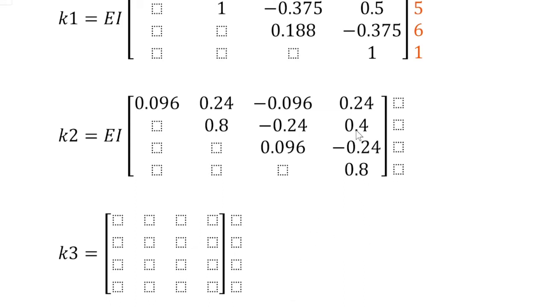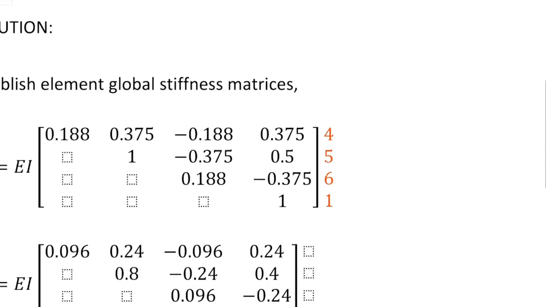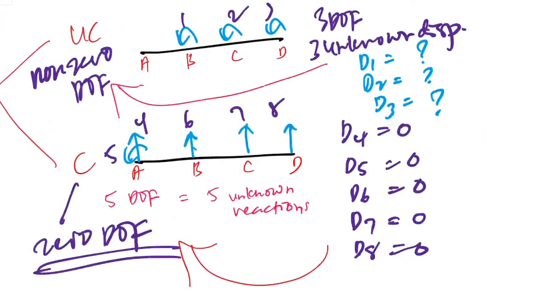Okay, so this is for K2. So I have put all the value inside the matrix. So remember, we need to label the degree of freedom, and we need to again refer to this. For element number 2, it is member BC, the near node.